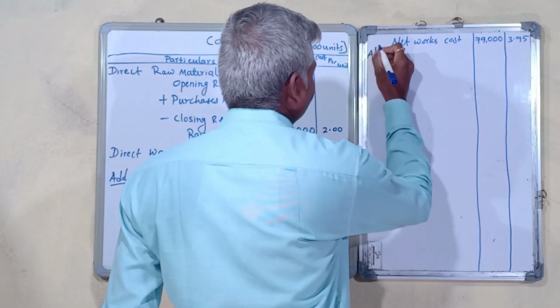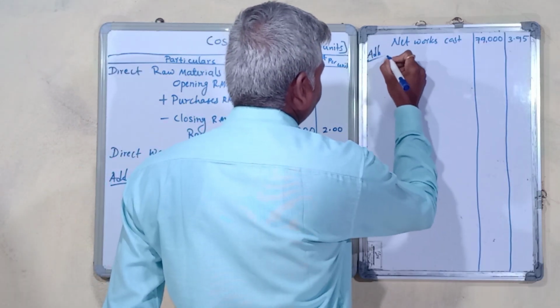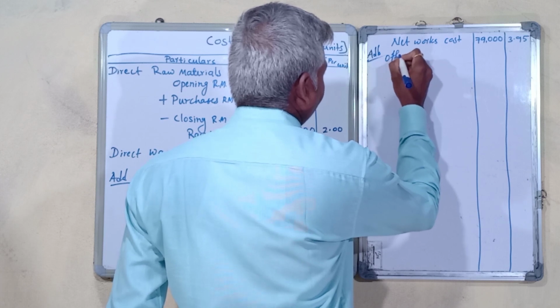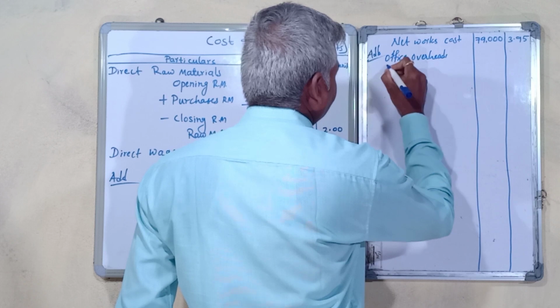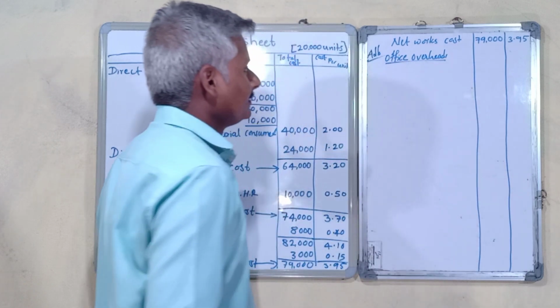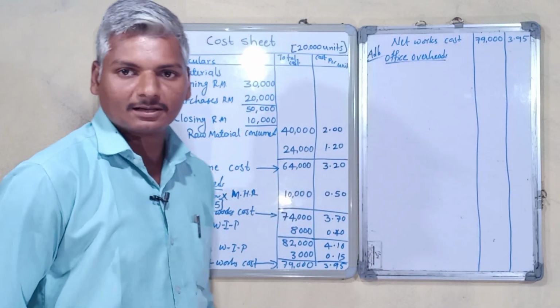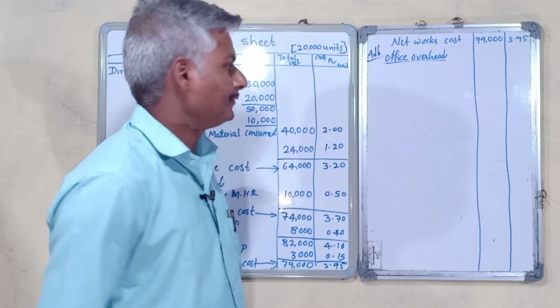Add office overhead. So the second function of a particular company is office overhead.